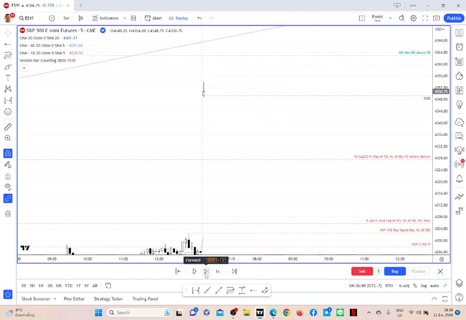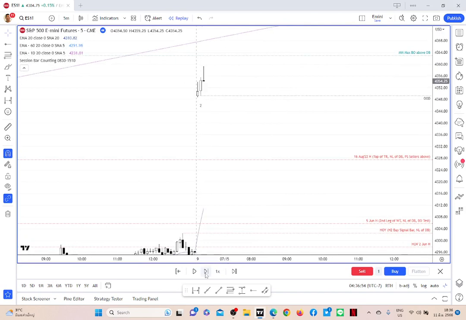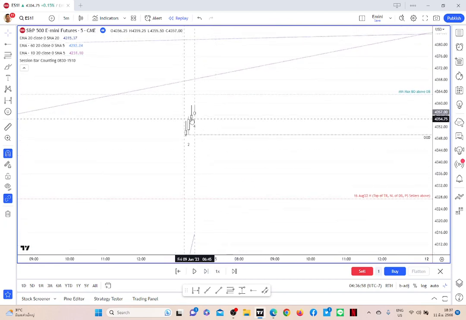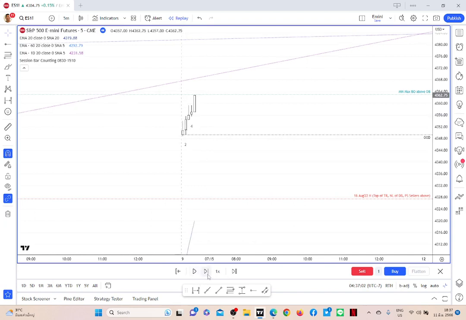Then put the forward icon bar by bar, like here, and you choose whether you want to buy or sell above or below the bar, like here.